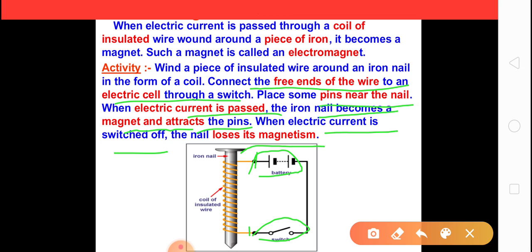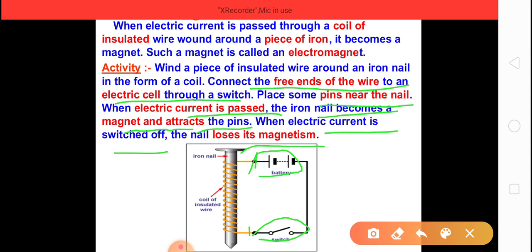Okay, and this effect is called magnetic effect of electric current. Example, electromagnet. Okay, clear? Now children, the various uses of electromagnet in our life: electromagnets are used in electric appliances like electric bells, electric fans, mixers, washing machine.